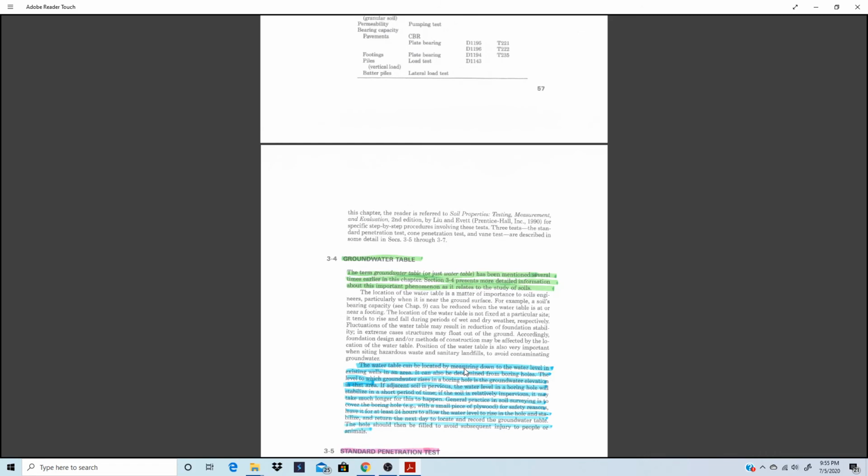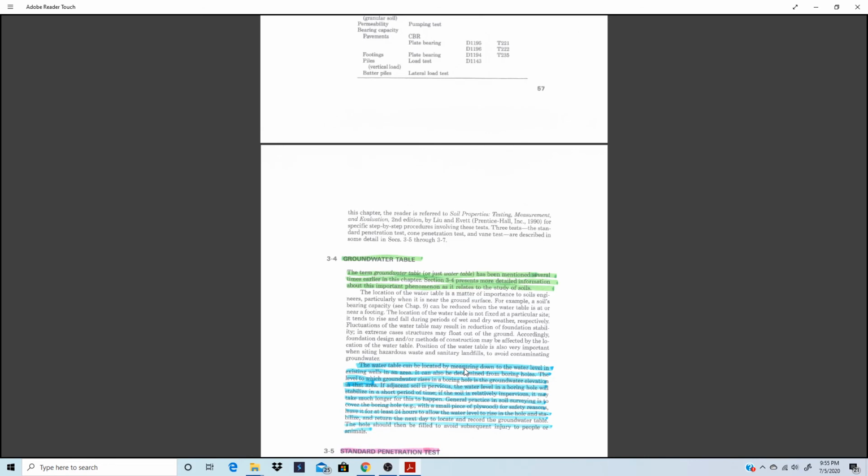It can also be determined by boring holes. The level to which the groundwater rises in a borehole is the groundwater elevation in the area. If the adjacent soil is pervious, meaning it can soak up water, the water level in a boring hole will stabilize in a short period.